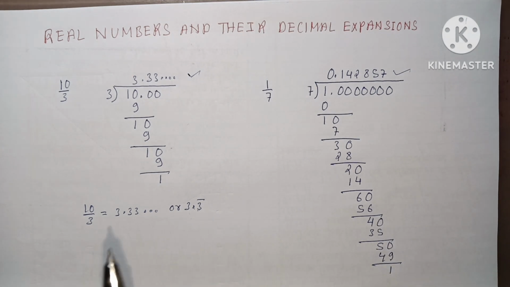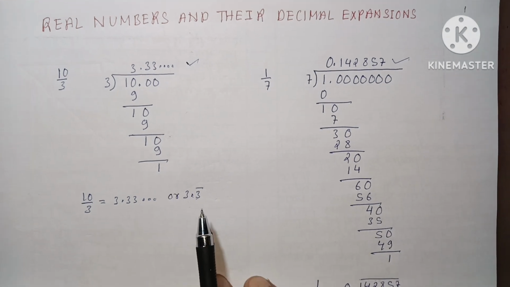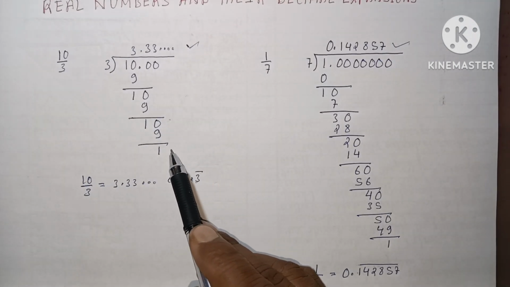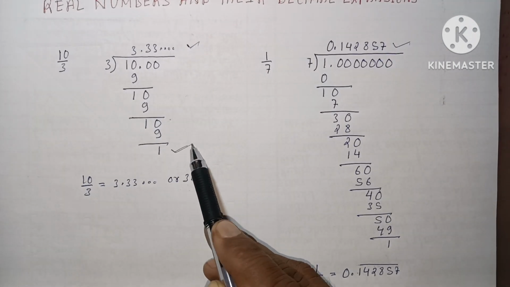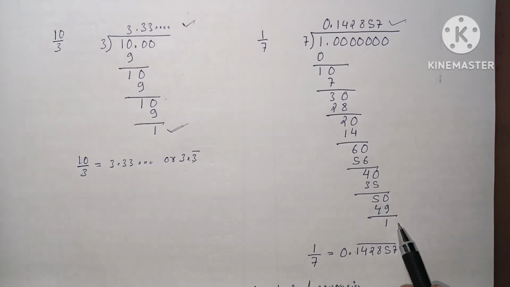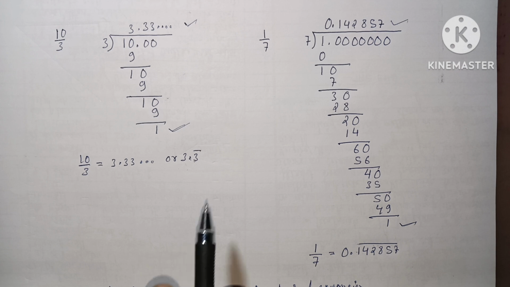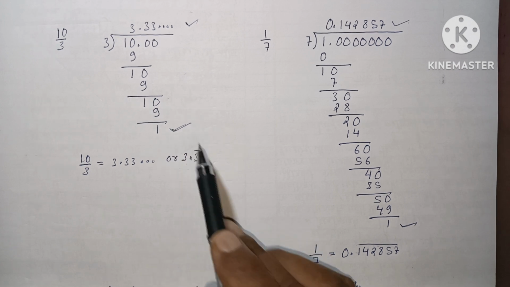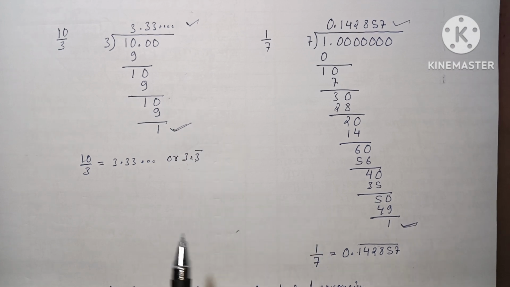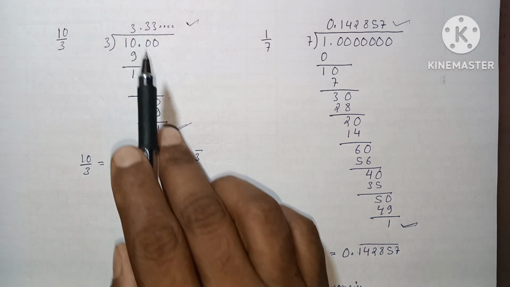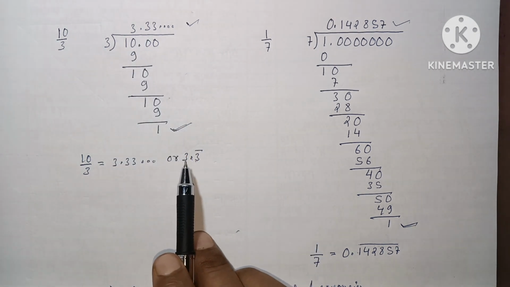But one more thing we consider. In both divisions, the remainder never comes to 0. It comes again and again; some remainder always remains, because after the decimal the numbers are repeated again and again.